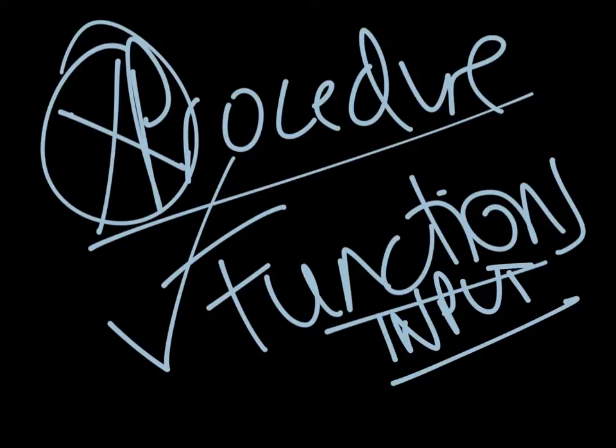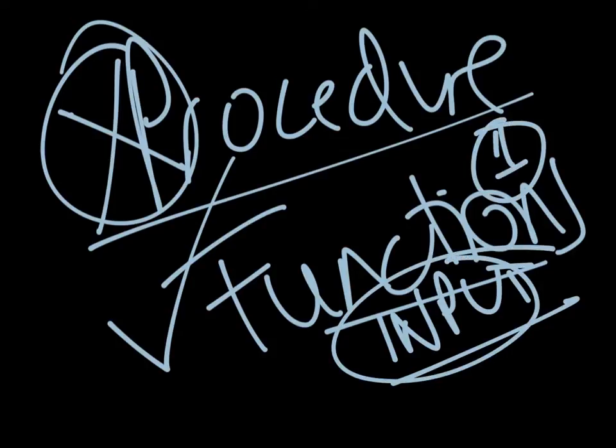So functions have at least one input and only one output, one return value, whereas a procedure requires no input parameters and it doesn't return any values either.